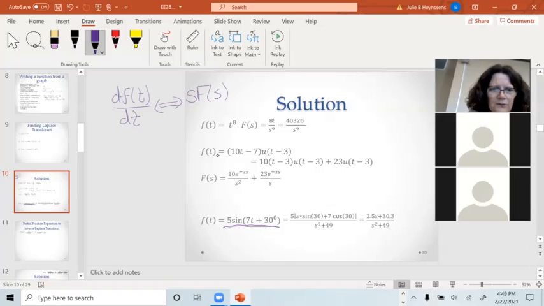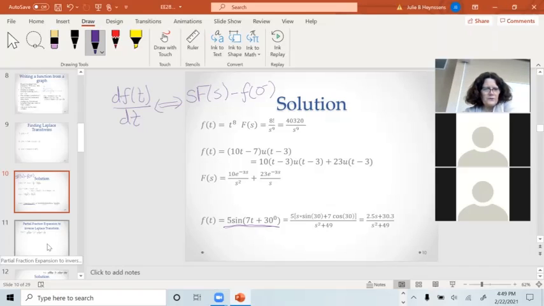So if I ask you to find the Laplace transform of a derivative somewhere on the exam, don't take the derivative. Just transform the function you wanted to take the derivative of, multiply it by s, and subtract off the initial condition. Most of this stuff is just stuff coming from the tables.